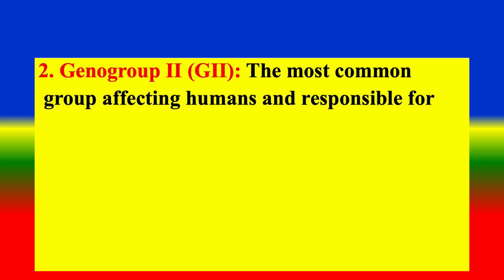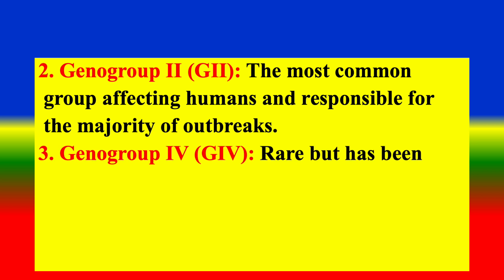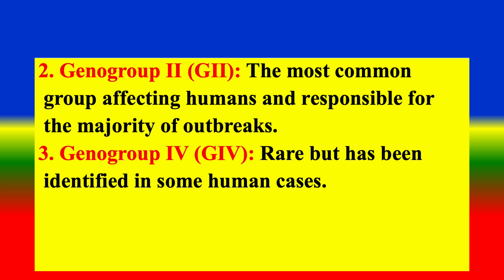Genogroup 2, GII, the most common group affecting humans and responsible for the majority of outbreaks. 3. Genogroup 4, rare but has been identified in some human cases.